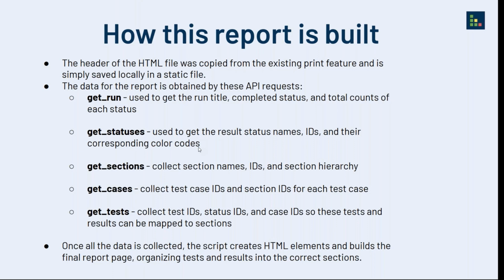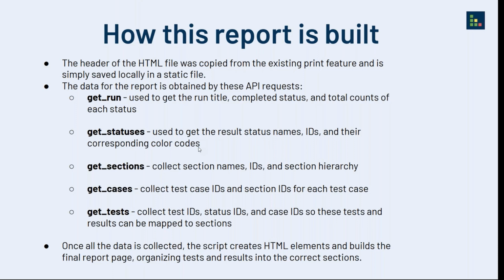But the data for the report is generated by a GET run request, which is used to retrieve the test run title, completed status, and calculate the number of passed and failed tests. I use a GET statuses request to get the result status names and IDs of their corresponding color codes.